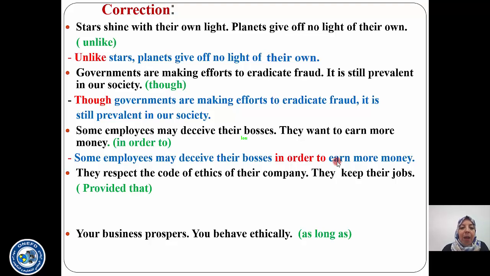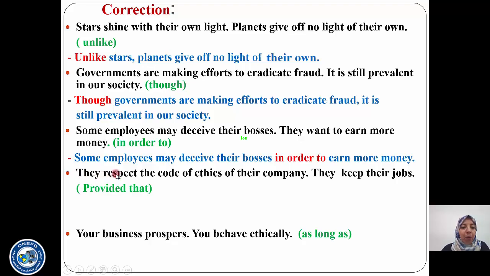Next sentence. They respect the code of ethics of their company. They keep their jobs. Okay? With provided that or providing that, it's the same, to express condition. Now, which one is the condition? Is it the first or the second? Of course, respecting the codes of ethics is the condition for keeping their jobs. So, provided that should be in the beginning.